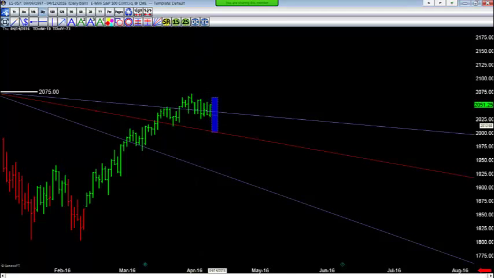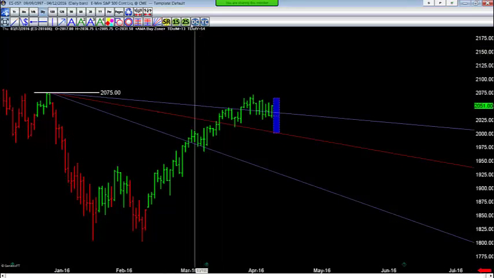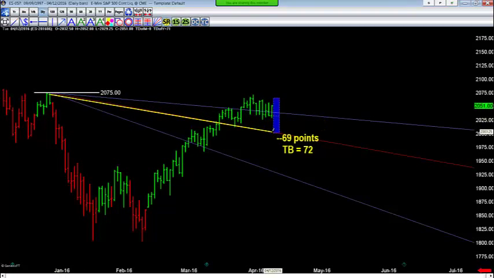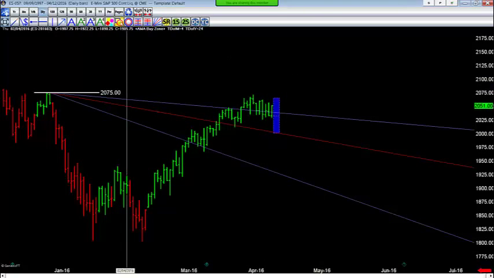Just take an average true range on both sides of it, and that's about the distance that you need to do the angles. I don't need to do this angle, this one, all the way down here, okay? Because that's all going to be all the way down there at 2003. Well, the chance that we're going to run down there 60 points is slim and none, so I don't have to do it that far away, okay?